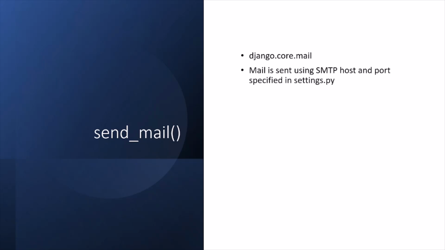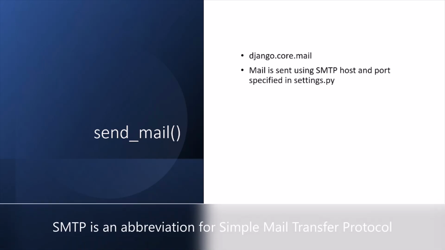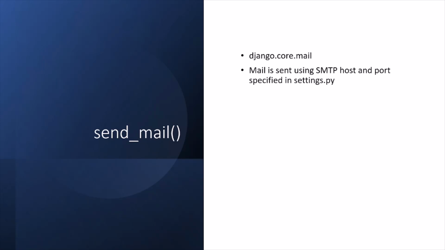To send an email, we will use a send mail function that needs to be imported from the django.core.mail module. Now the mail is going to be sent using the SMTP host and the port number as specified in our settings.py file, and we'll do that shortly.